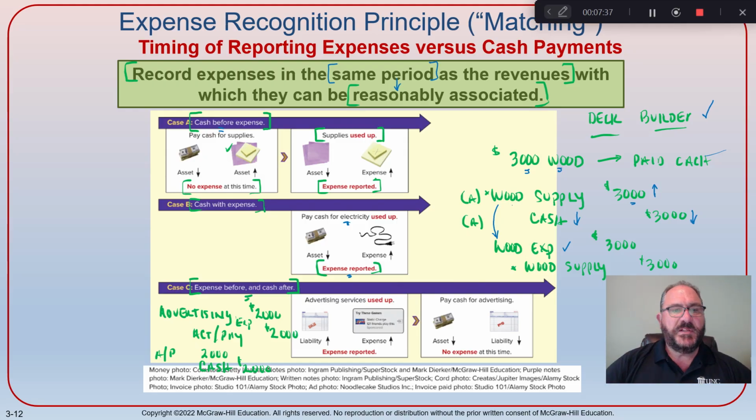So you sign an advertising contract for $2,000, and then you have an account payable, right? Then as the advertising is done, you get rid of the account payable, and then you pay the cash, okay? All right, so remember the whole idea here is to put it in the same time frame.